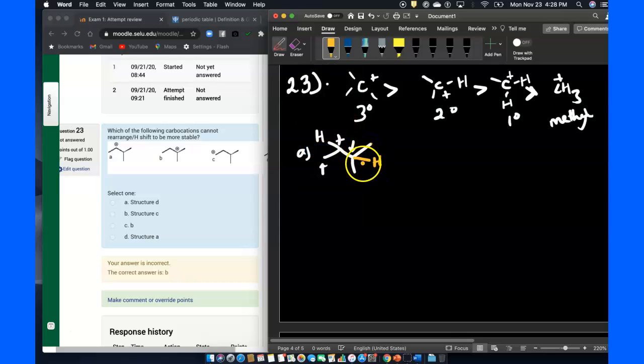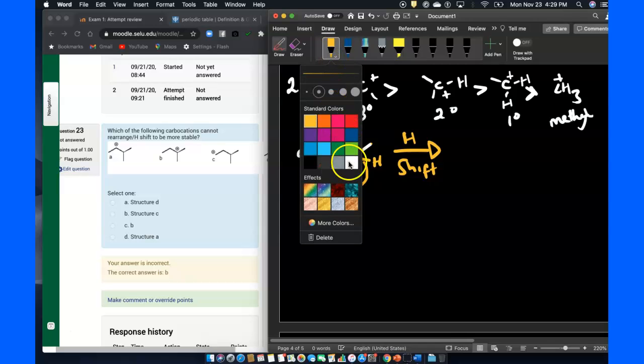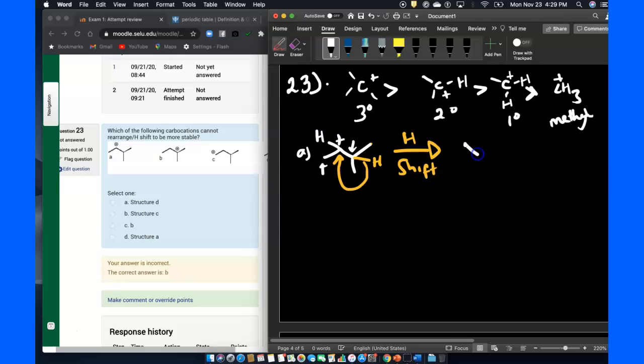I can move this hydrogen to where the plus sign is, and that's what we call the H shift. So that's what the question is talking about, hydrogen shift. And if you move that, the carbon on the other side will be one bond less. Okay, so you're gonna end up with this structure.